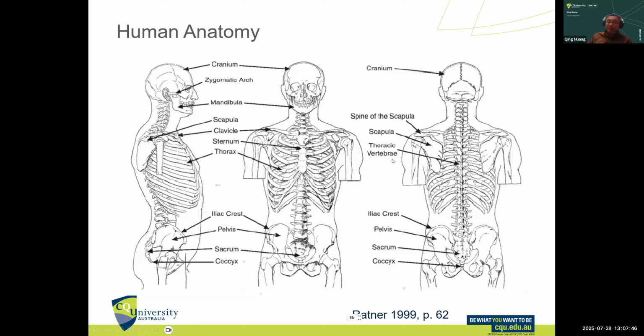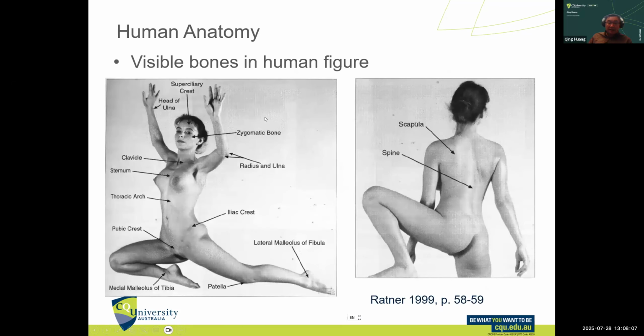Those are the major bone structures you need to be aware of when you construct your human body and human head. You need to visually suggest those underlying structures that underpin the human form. All right, and so that's what I mean.